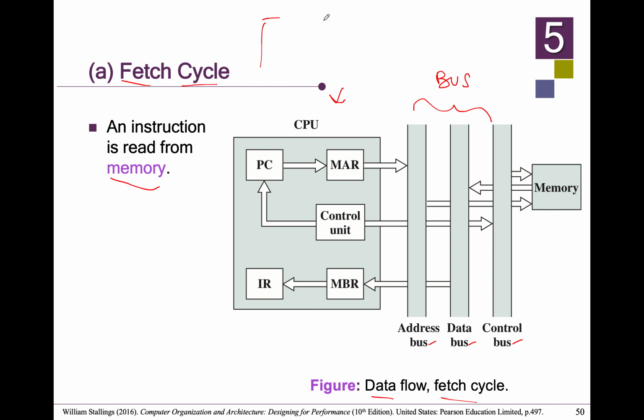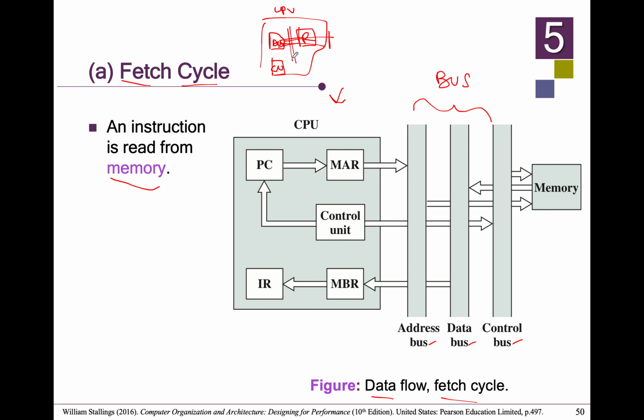Let's say this is your CPU. You have the ALU. It is connected to your register, and then you have the control unit, CU. It's connected using your bus system, data bus, address bus, and so on.